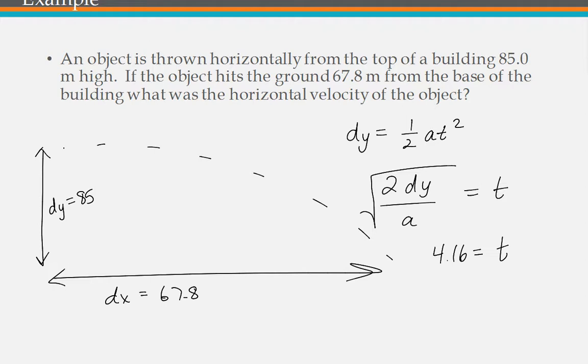I like that. Yeah, 4.2, but you got 3 sig digs, so 4.16 is good. Seconds. And then once you have the time and you want to solve for Vx, that would be d over t. So dx over t, so then the 67.8 over the 4.16.